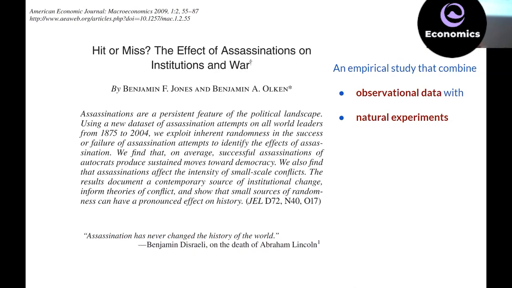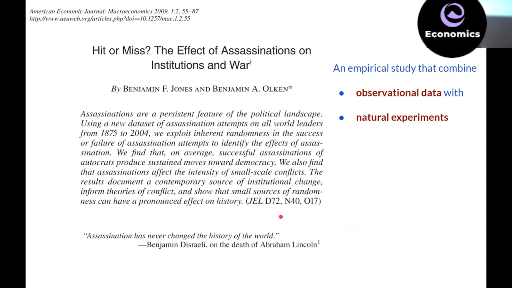So what they look at is that sometimes the bullet hits the president, and other times it doesn't. Hence the title, Hit or Miss. In that case, arguably things are much more random. You can imagine a lot of factors affecting whether the bullet just misses the target. And so they look at that subset of events, which arguably is closer to a random experiment that nature just ran in history.